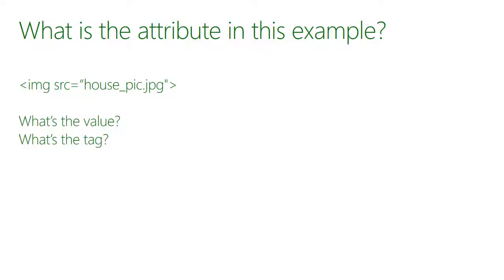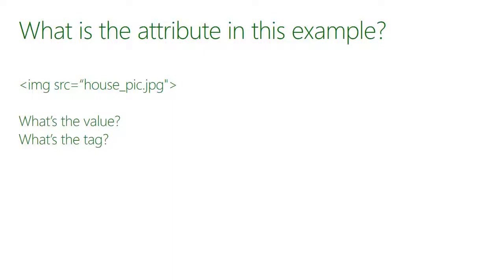Okay, so if you have a look at this, it's just a little question for you to have a think about. What is the attribute in this example? We've got img src, for source, equals house_pic.jpg. So have a little think. What is the attribute in that example?